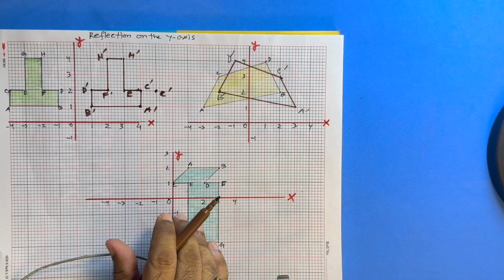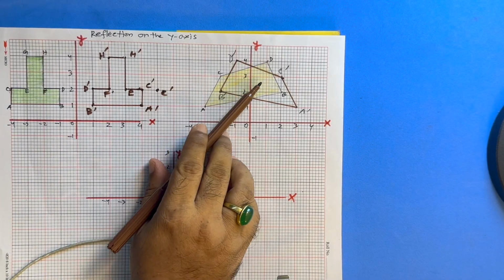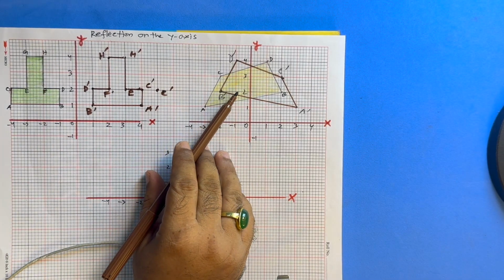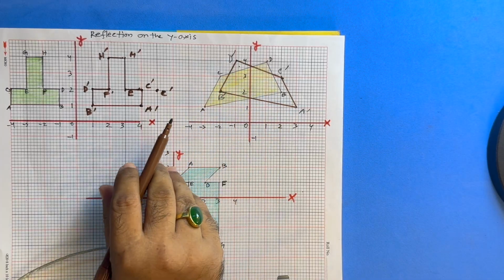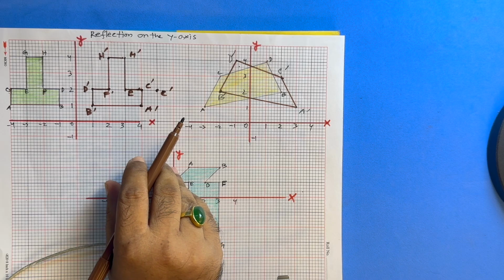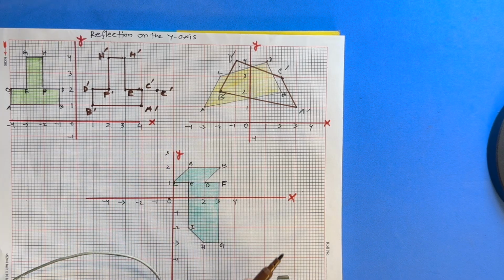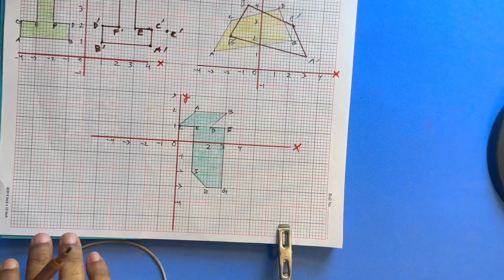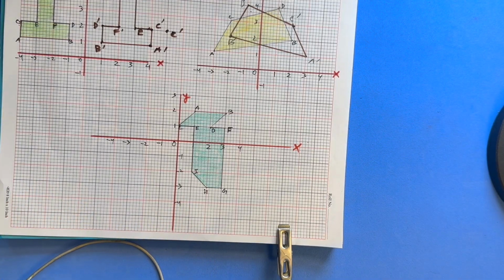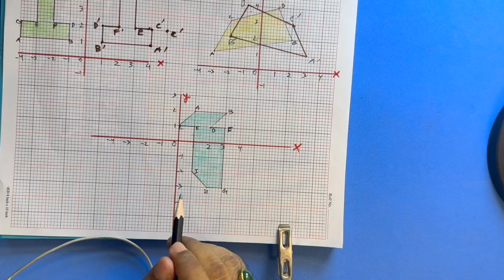Do you understand? The yellow shaded figure is the question, and this gray figure is the answer. Maybe it is correct. Oh my god, it's complicated. No problem, we'll try. If we make a mistake, then we'll try again, no problem.